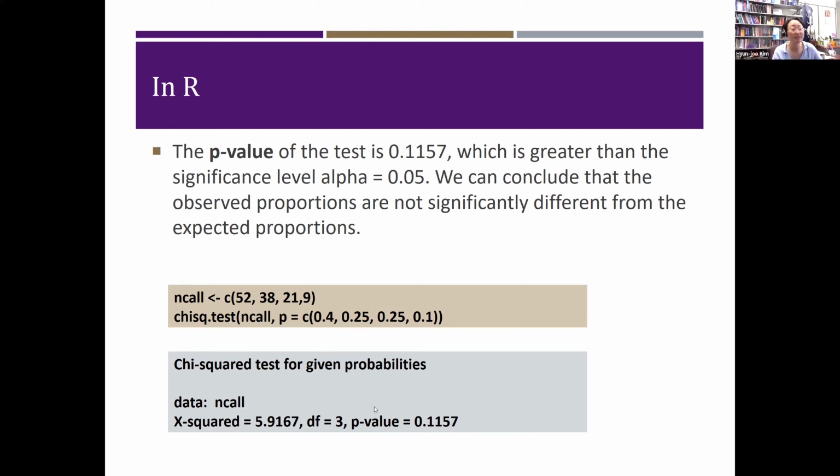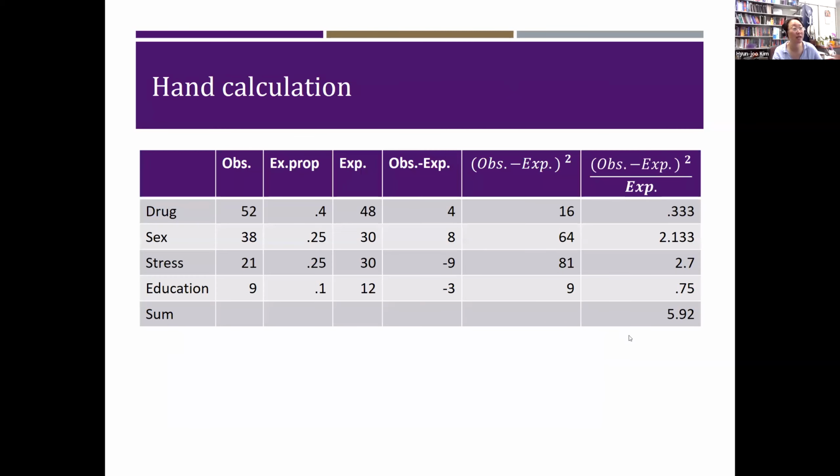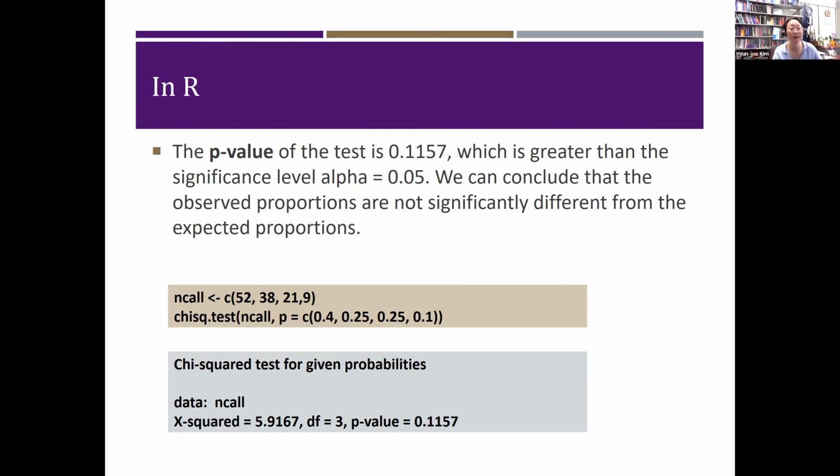The test statistic is 5.9169, which is the same as our hand calculation in the previous slide. The degrees of freedom is the number of categories minus 1, which is 3 here. And the p-value is 0.1157, which is greater than our usual significance level, 0.05.